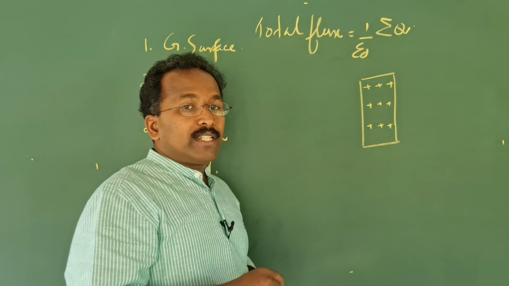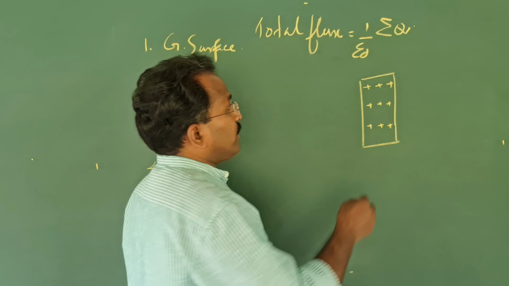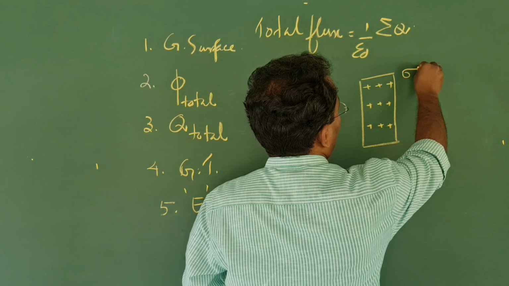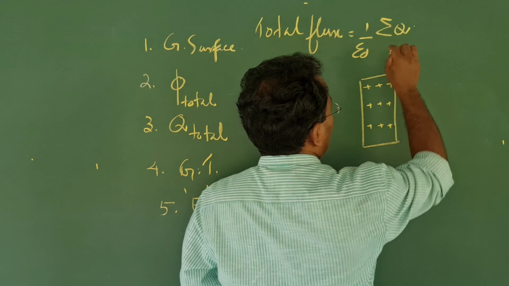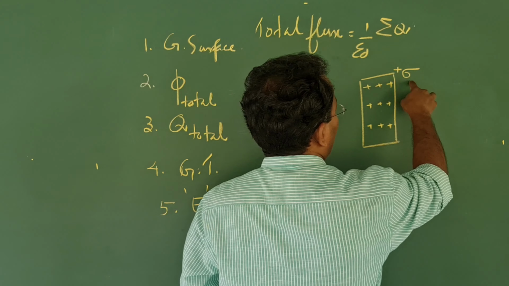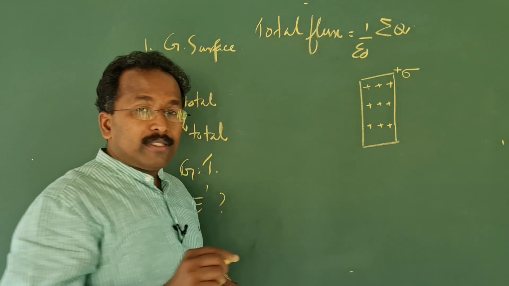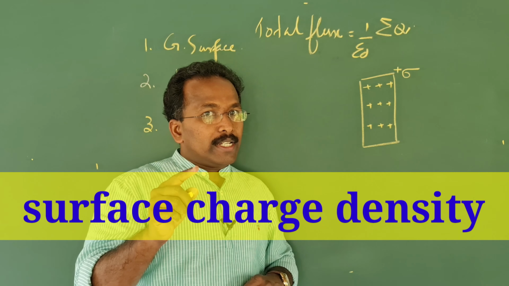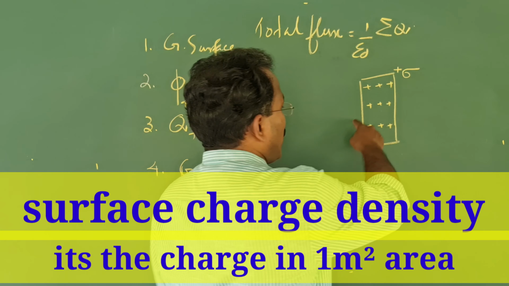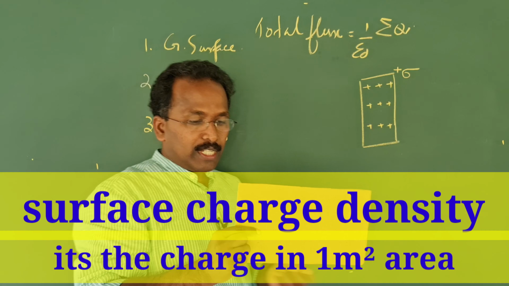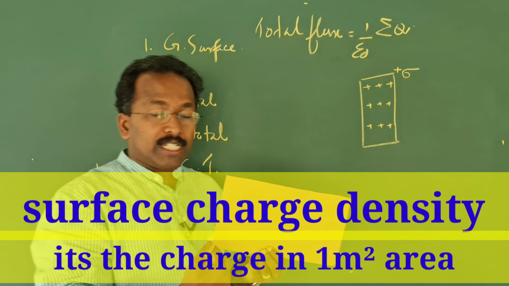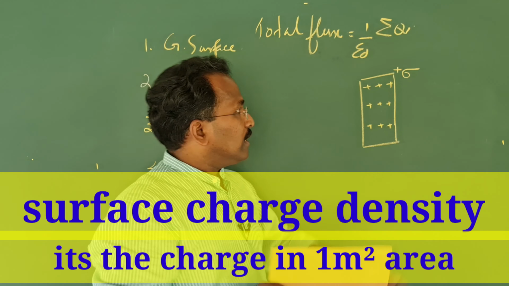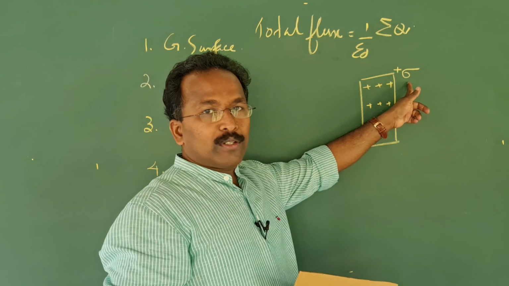For having an understanding of that, what is given is sigma. As it is positive charge, we say plus sigma. Sigma is surface charge density. Surface charge density means if you take 1 meter square of that sheet, how much charge is there? That is sigma.